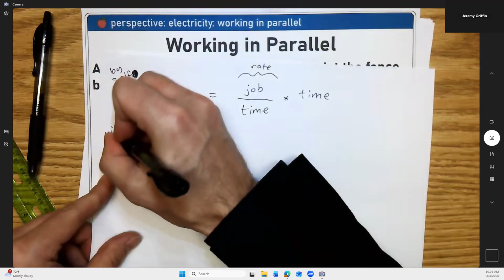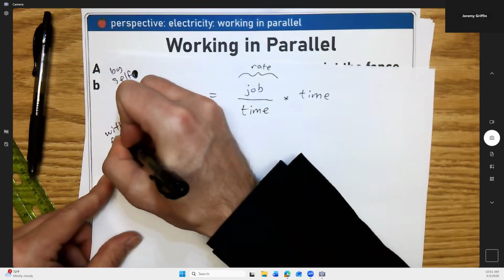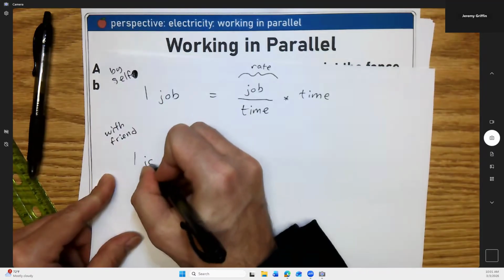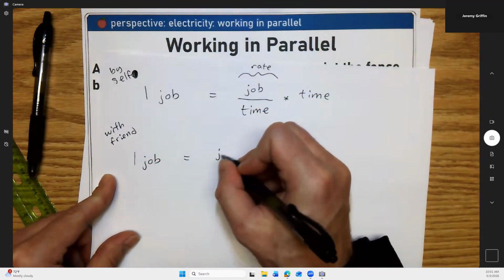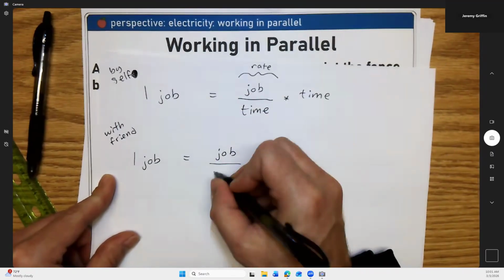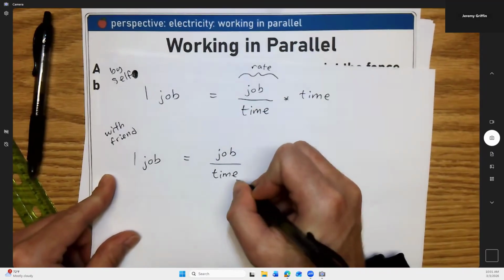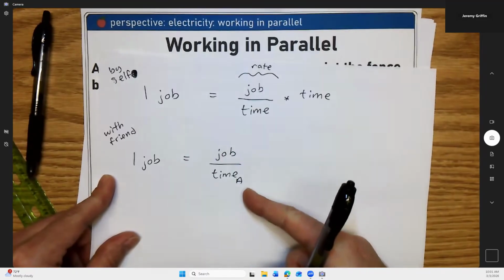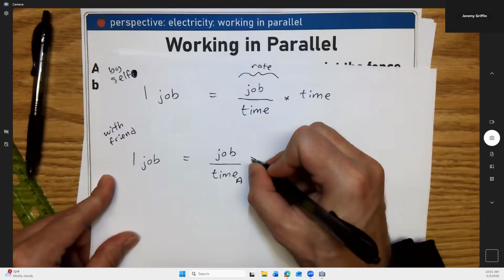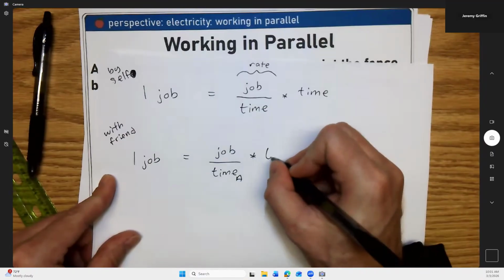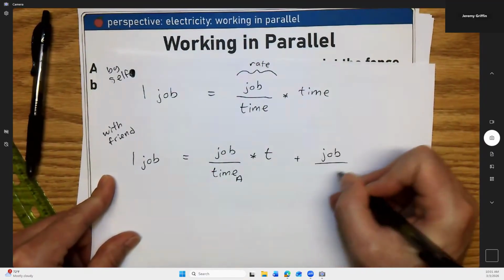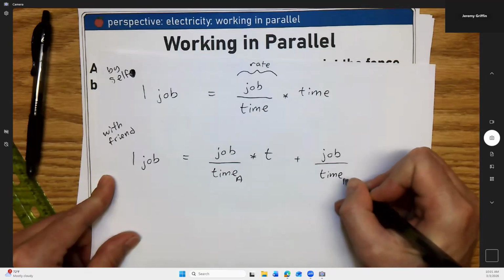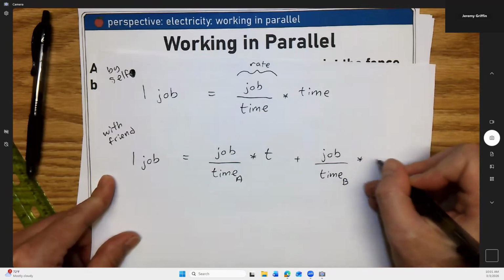But what if it's with a friend? Then that one job could be the same rate as before, right? But maybe this is for person A, so I'll call it time A, times some amount of time t, plus your friend is also doing the job at their rate, so this could be time B, and then for some amount of time.